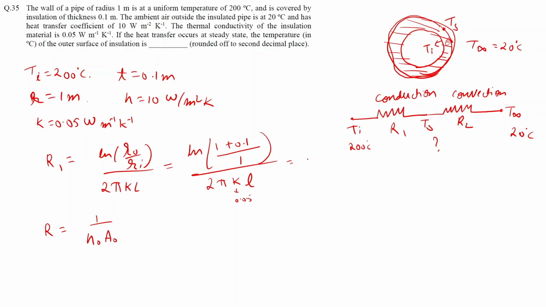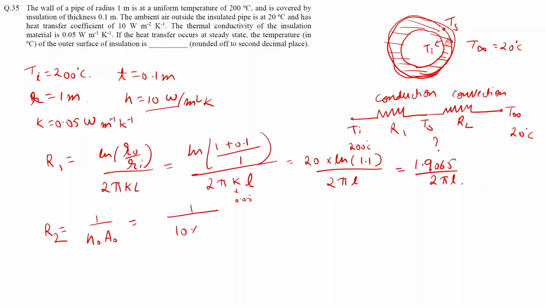So this will become 20 into ln of 1.1 upon 2 pi L, and we can solve this, and the answer will be 1.9065 upon 2 pi L. Similarly, we can find R2, that is resistance due to convection, as 1 upon ho Ao. Here ho we have been given as 10, into 2 pi, the external radius 1.1, into L. This will become 1 upon 11 into 2 pi L. Now we are having R1 and R2.